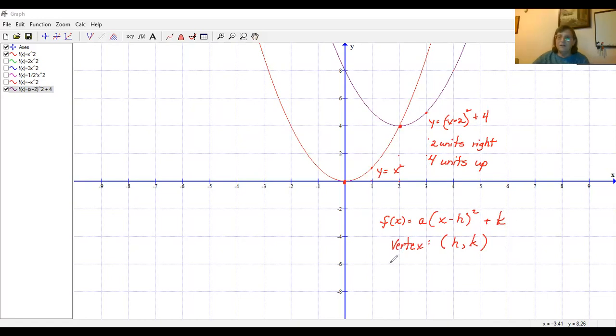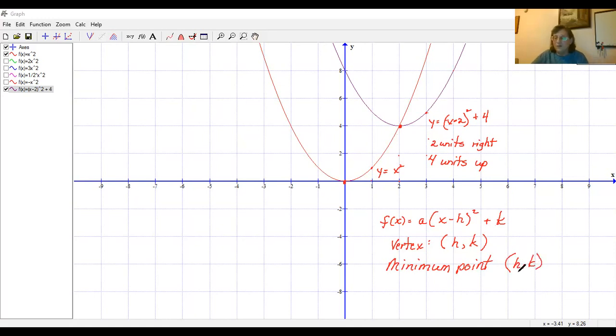This graph also has a minimum point. The minimum point is the vertex, because the vertex is going to be the lowest point on the graph if the graph opens up. So the minimum point is also h, k.